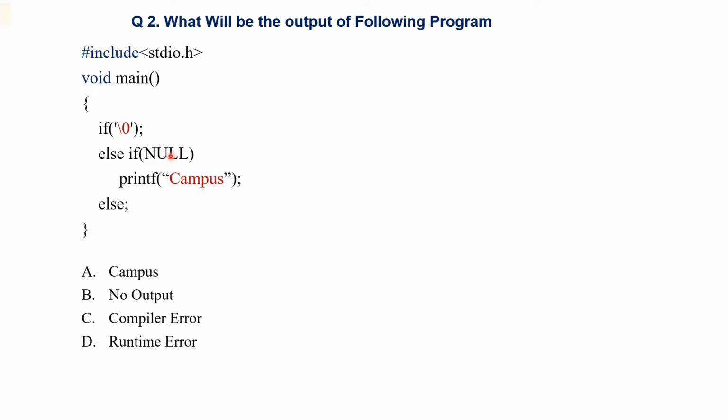As this is false, the next statement will not be executed and control will go to the else part, and here in the else part there is no statement. So actually this is a null else statement. Hence there will be no output with this program, and the correct option for this program is option B.